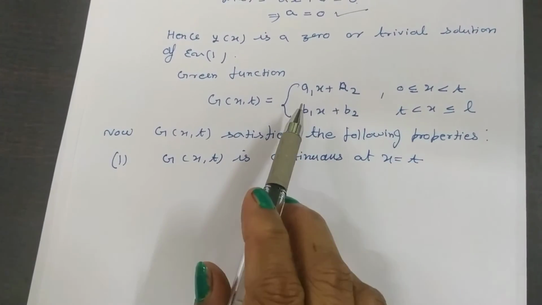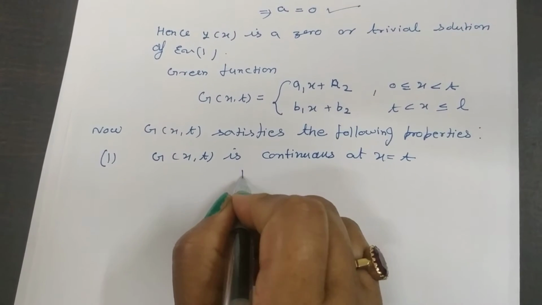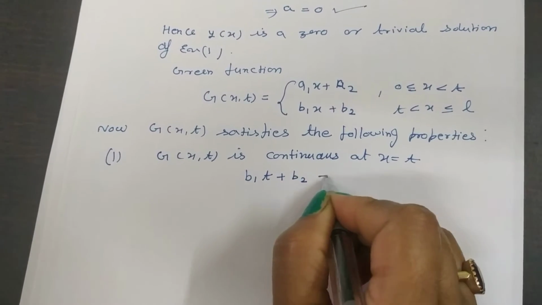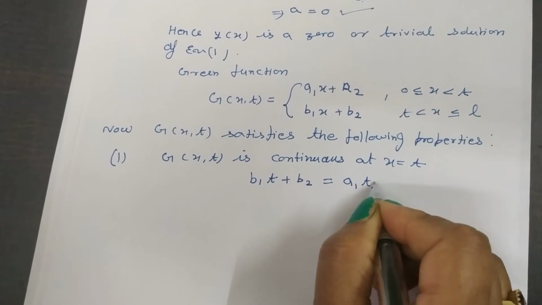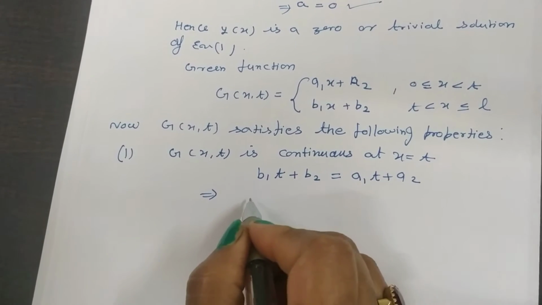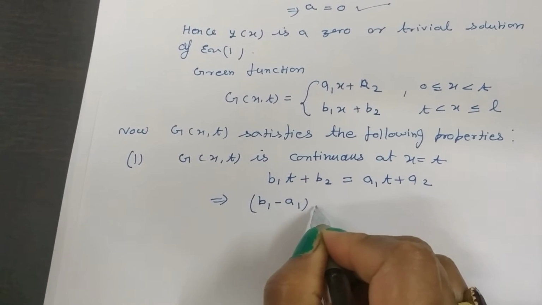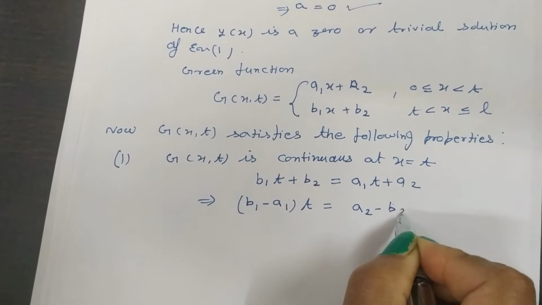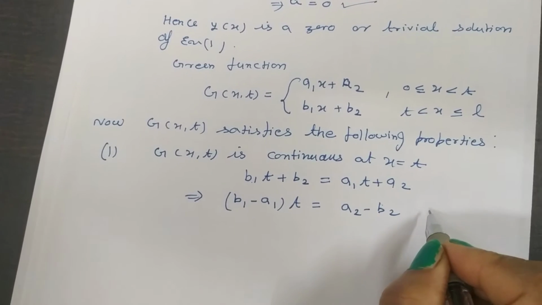So at x equal to t, b1t plus b2 is equal to a1t plus a2. From this equation, b1 minus a1 times t is equal to a2 minus b2. Let us suppose this is equation number 3.